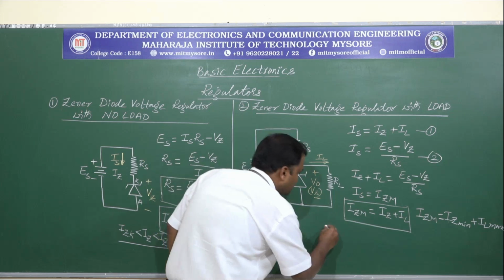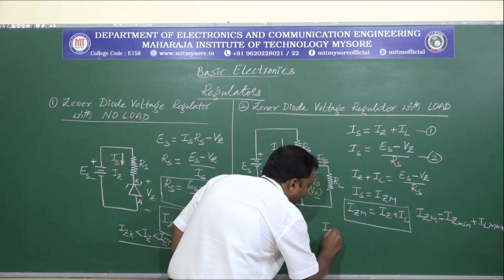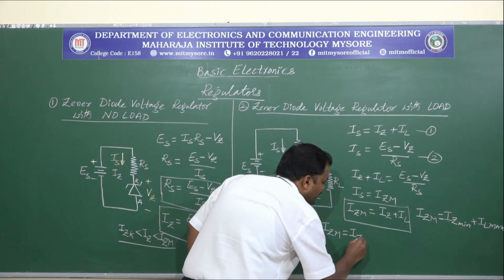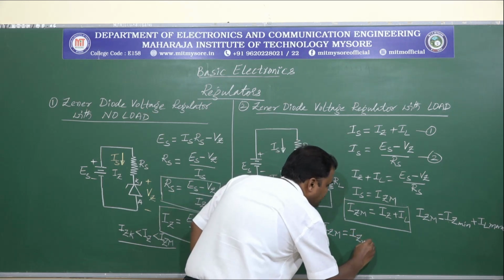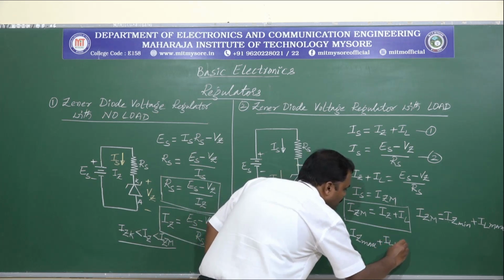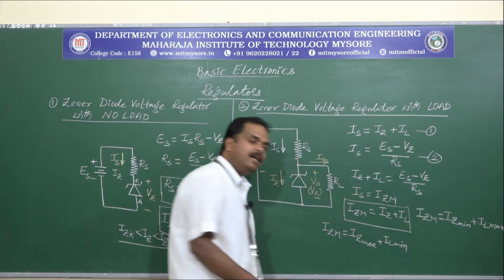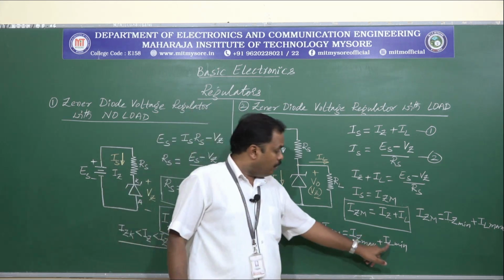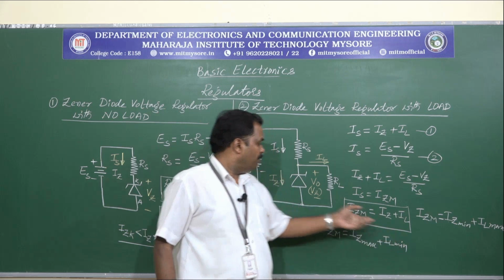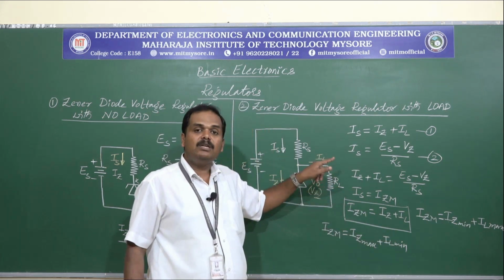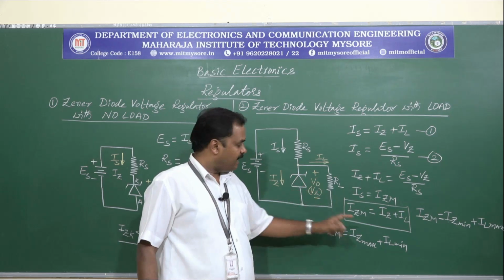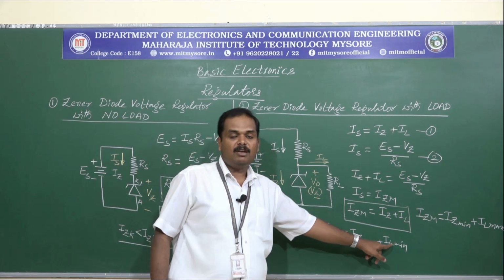And the other case is Izm can also be written as Iz max plus IL min. So when the load current is going to be minimum, if the RL value is selected as the maximum value allowed, then the load current is going to be minimum.